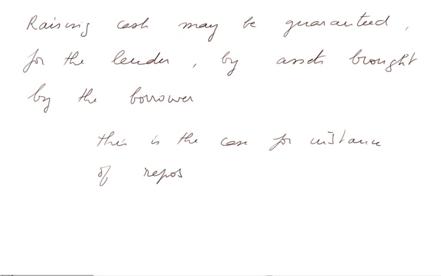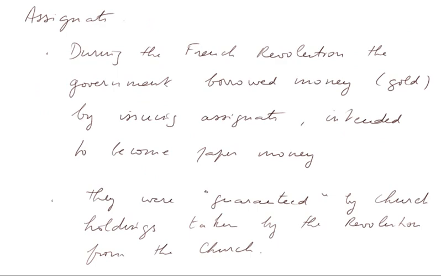Let's finish this lesson presenting some simple and basic concepts with a little bit of history on assignats. During the French Revolution, the government borrowed money, and at the time money meant essentially gold. It borrowed money by issuing a type of banknotes called assignats, and they were intended to become paper money.